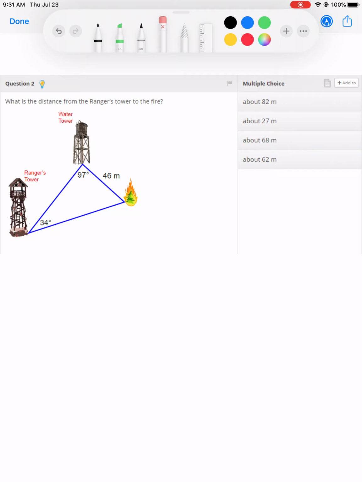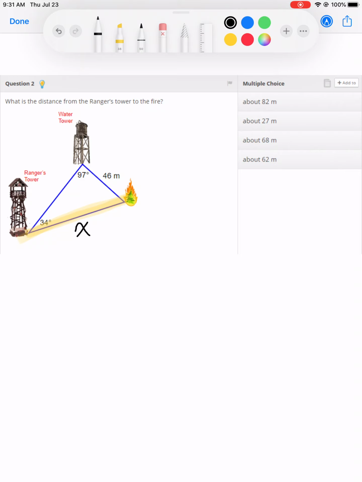Okay. So what is the distance from the ranger's tower to the fire? We need to find this distance here, right? So I can label that as x. We need to determine if we're going to use sine or cosine law. The section we're in is sine law, so obviously we're going to use sine law. But on the final, I'm not going to tell you which one to use, so it's always good to be able to recognize it.